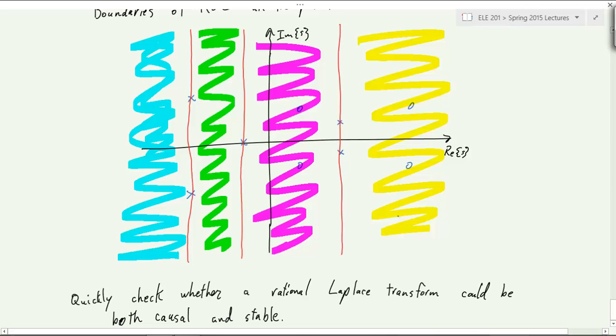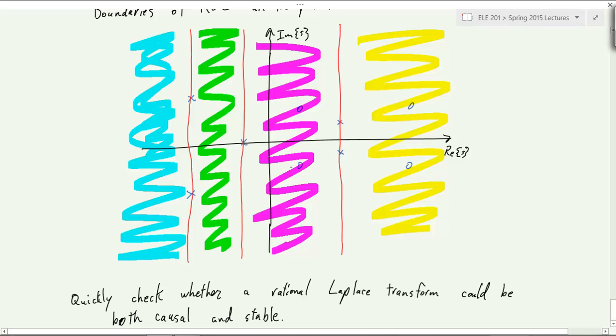All right. Now then we want to know, could it be causal and stable? Well, could this yellow one be stable? Well, what did it mean to be stable? It meant that the imaginary axis was in the interior of the region of convergence, but that's not true for the yellow one. So we know in this example up here, the signal could not be causal and stable. We know we have a right-sided signal, that's the yellow one, that's not stable.